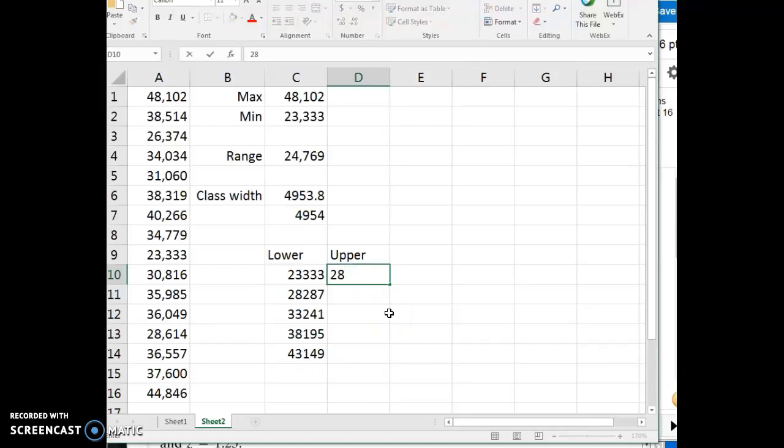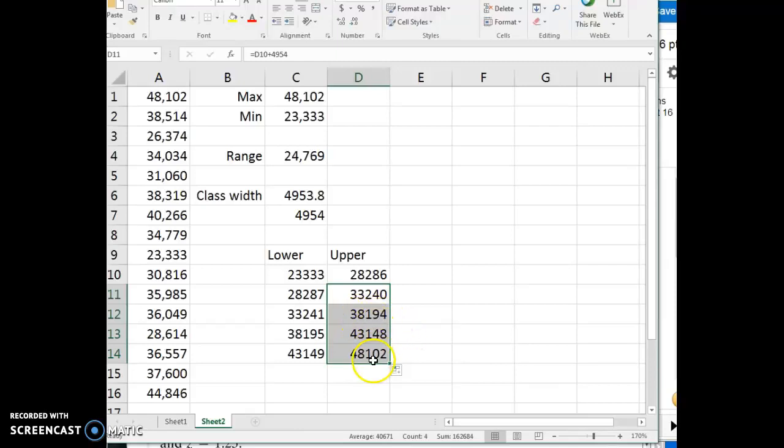So 28286 would be our upper class limit here, right below the lower class limit for our second class. Again, if I take that value and add our class width, I'm going to get all the successive upper class limits for this data.